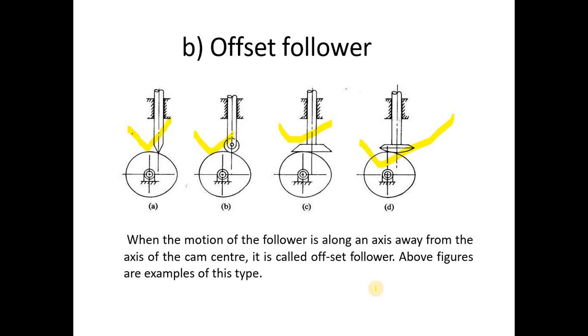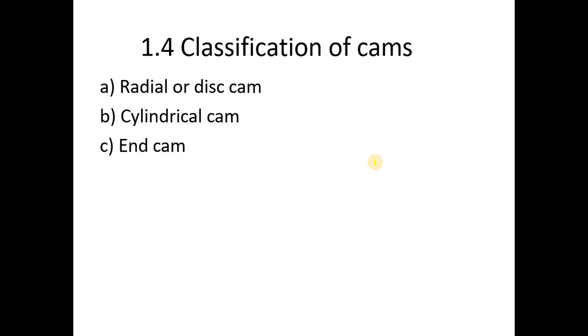When the motion of the follower is along an axis away from the axis of the cam center, it is called an offset follower. These figures clearly show there is an offset between the axis of the follower and the center of the cam. So this is what we call an offset follower.